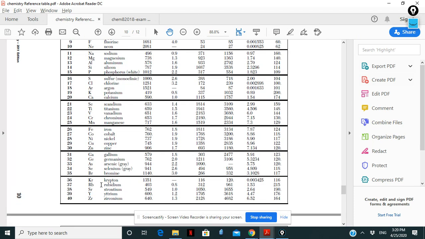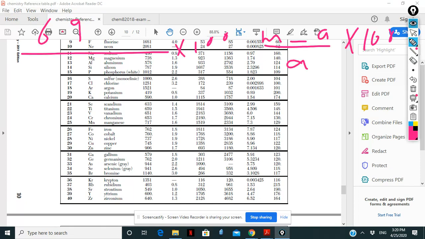Vanadium. Here, the density for vanadium is 6. So now it is 6.9 minus 6 over 6. So it's giving 0.9 over 6 times 100, which is 15%.